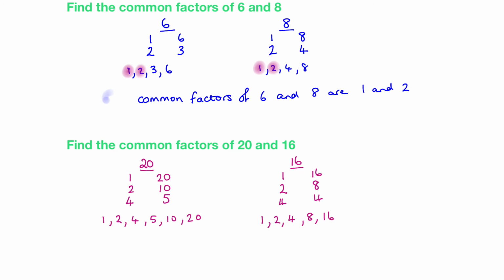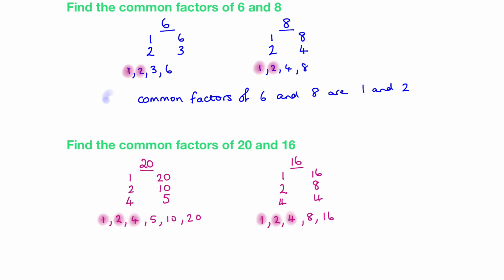So when we look now at common factors, let's get my highlighter back again. We can see that the numbers that are in both lists are 1 and 2 and 4.